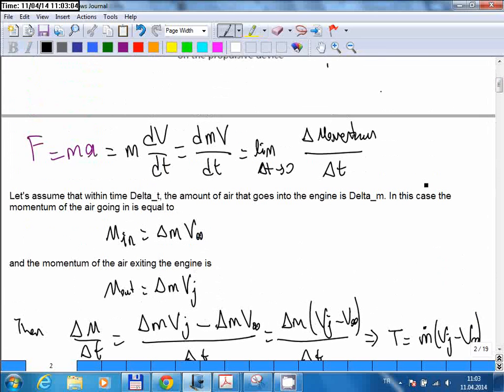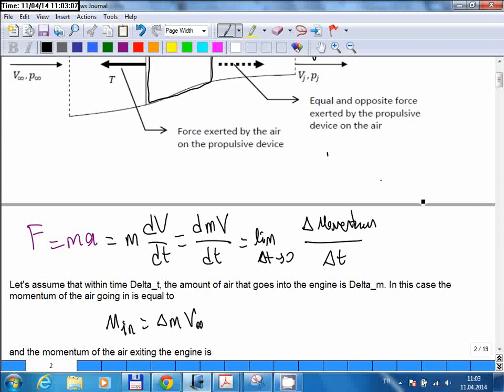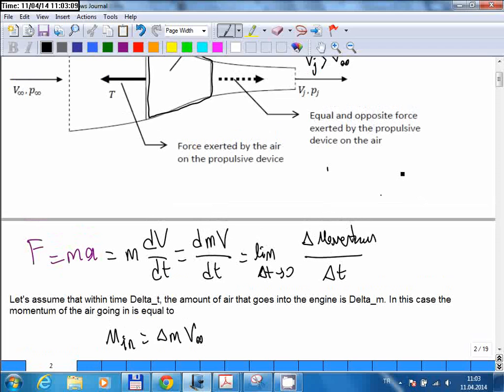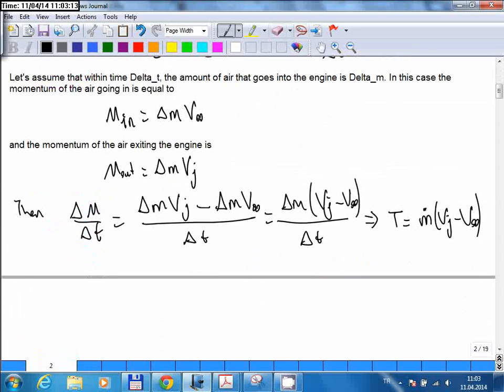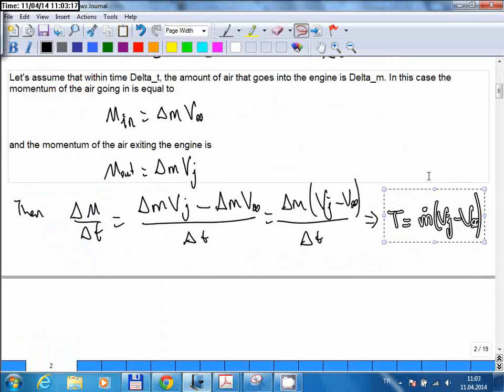So if you just look at the momentum of the air entering the engine and leaving the engine, you can conclude that this much force must have been applied on the air to increase its momentum. Okay? And the same amount of force must be applied by the air on the engine, and that force is what we call the thrust force. Okay?